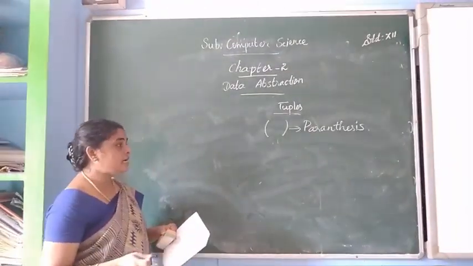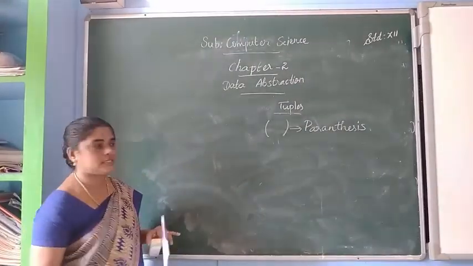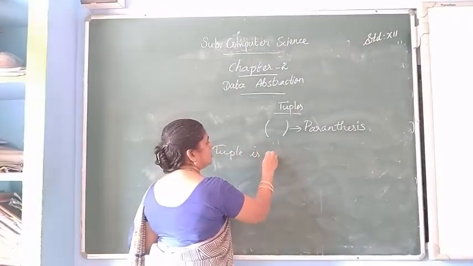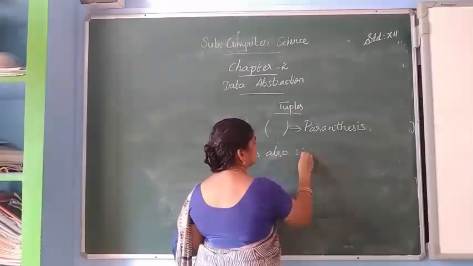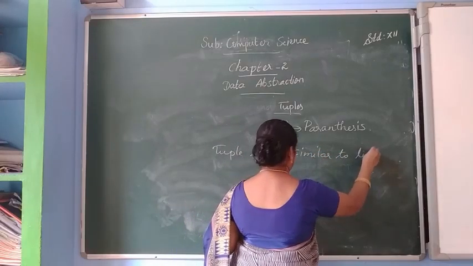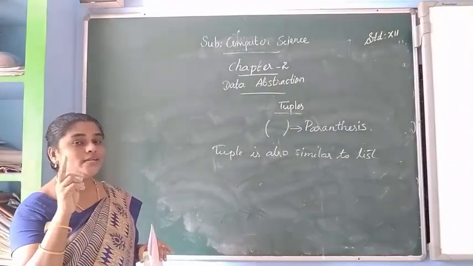So a tuple is also similar to list. But there is one difference.